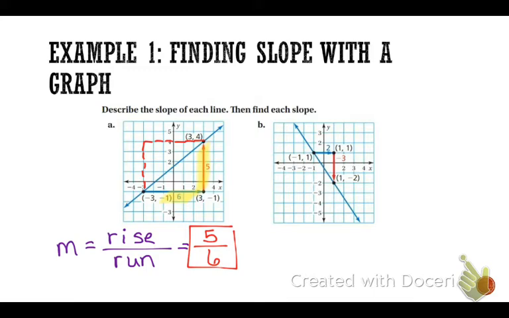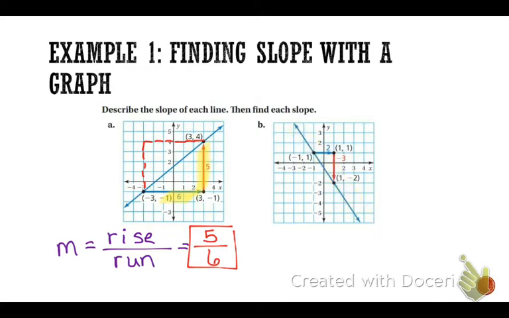All right, so let's look at point B. I just want you to look at the line for a minute. So on point A, my line went from left to right and went up. What do you notice about point B? It goes from left to right, it goes down, okay? So that means that my slope is going to be negative. But remember, my run is never negative. My line is moving forward on the x-axis.